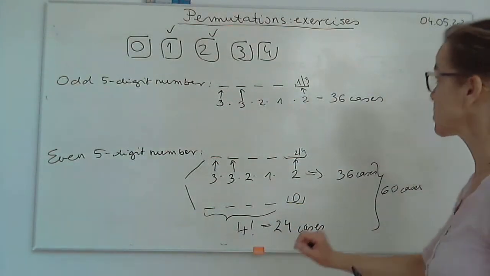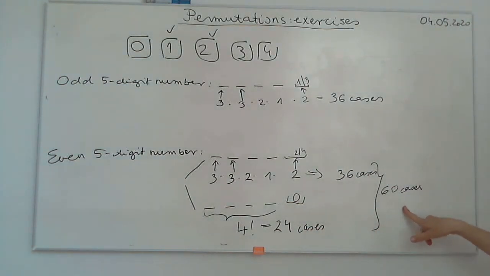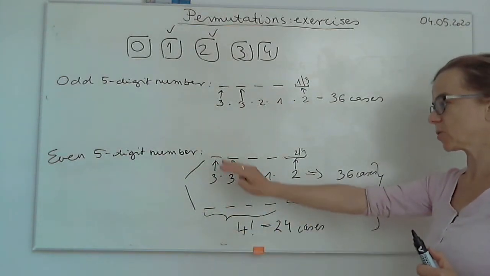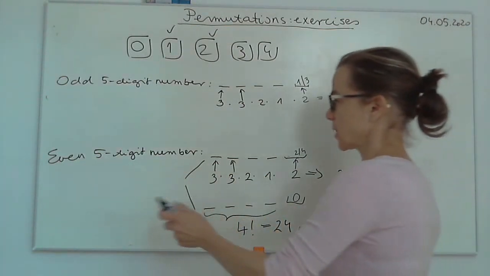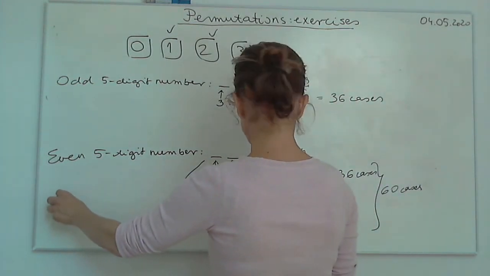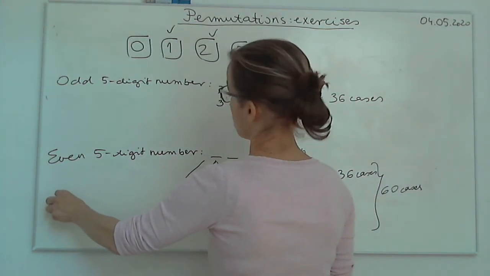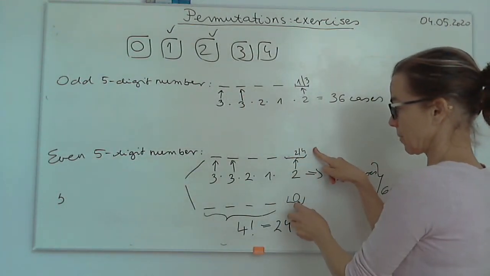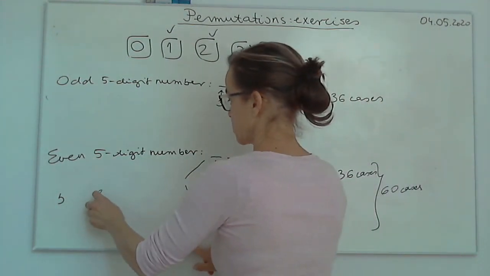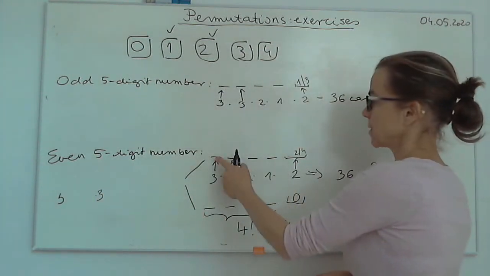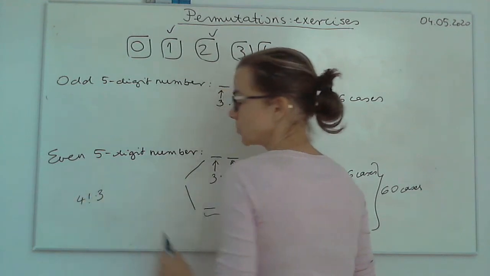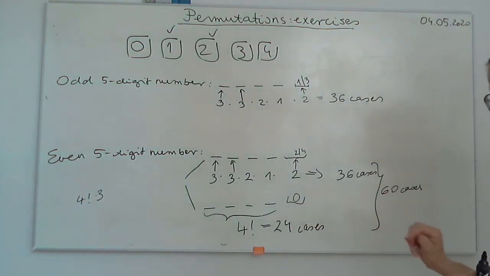Let me note, just as a final remark, that in this problem, it could have also worked to say, I don't care about 0 being in the first place. Let's use again the codes. I have this many 5-digit codes which are even. Here it can be any of these 3, so that's 3. And in the remaining 4 places, I can have any order. 0 may be in the first place, maybe not.